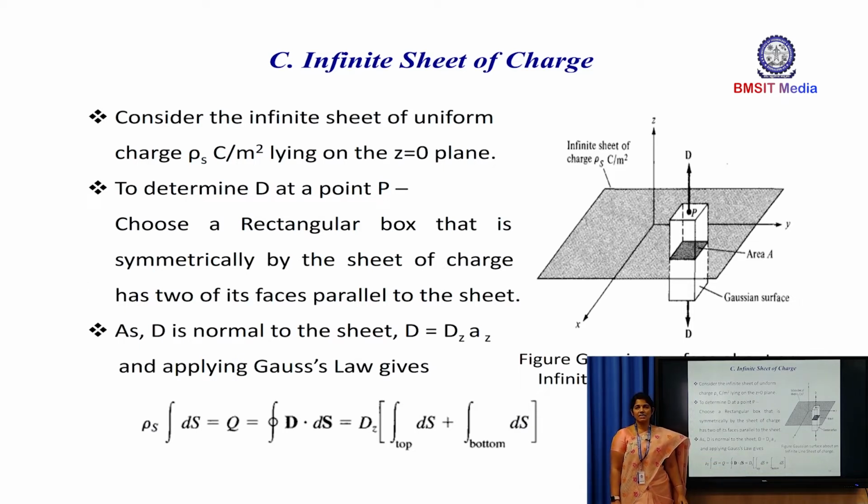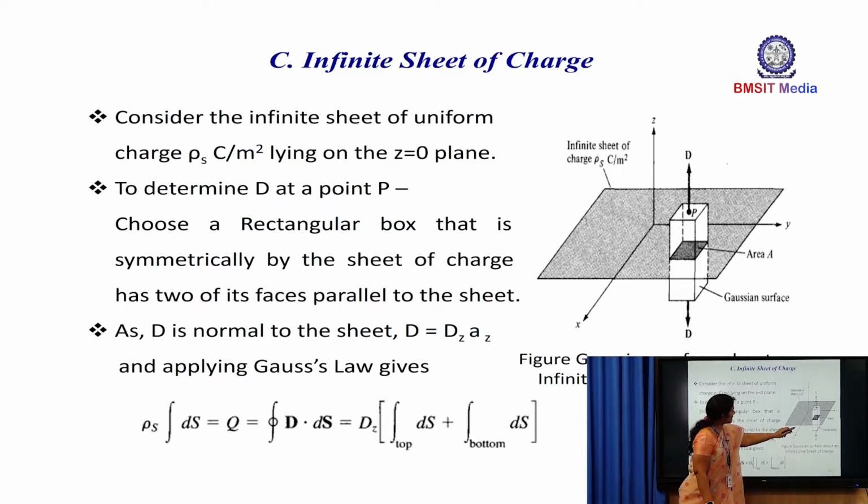If you consider the infinite sheet of charge, see this figure. This is your infinite sheet of charge, which has a charge of rho s coulombs per meter square.